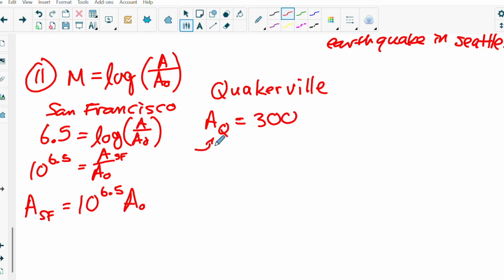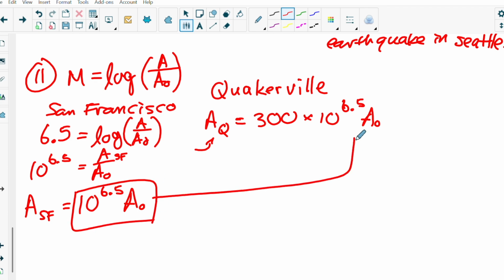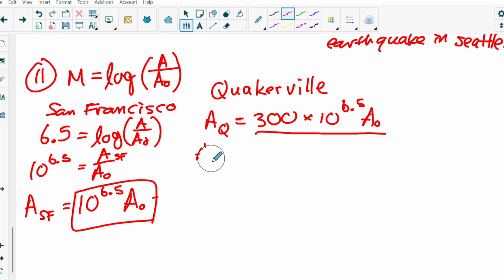Intensity of the earthquake in Quakerville is 300 times the earthquake in San Francisco. Okay, so we're just doing a substitution there. All right, so let's evaluate. So the intensity of the earthquake in Quakerville equals, well, let's leave it like this because we'll plug it in this way.